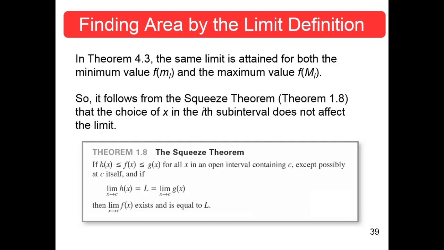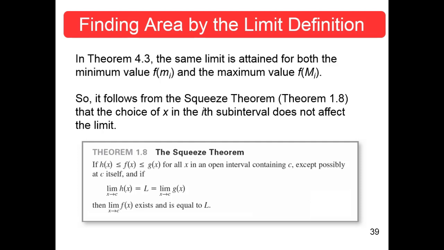Then if the limit as x approaches c of h of x is L, and that's also the limit as x approaches c of g of x, if both of them are L, no matter which way you're going, then the limit of the one in the middle has to exist and it's equal to L. Outside those, anything could be happening. But in between, if these two limits are the same, that's the same.